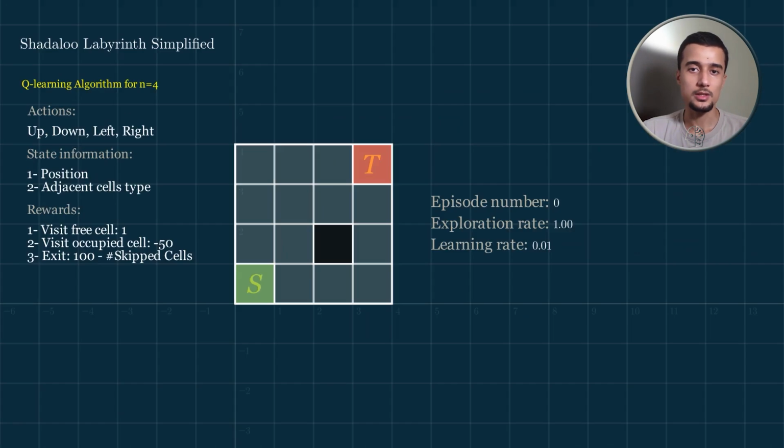I thought at first, let's start with this simple definition of the state, and see how the agent would perform over 500 episodes, where each episode ends if the agent reaches its destination, or if the agent tries to move out of bounds or tries to overlap itself. So let's see now how the agent would perform.